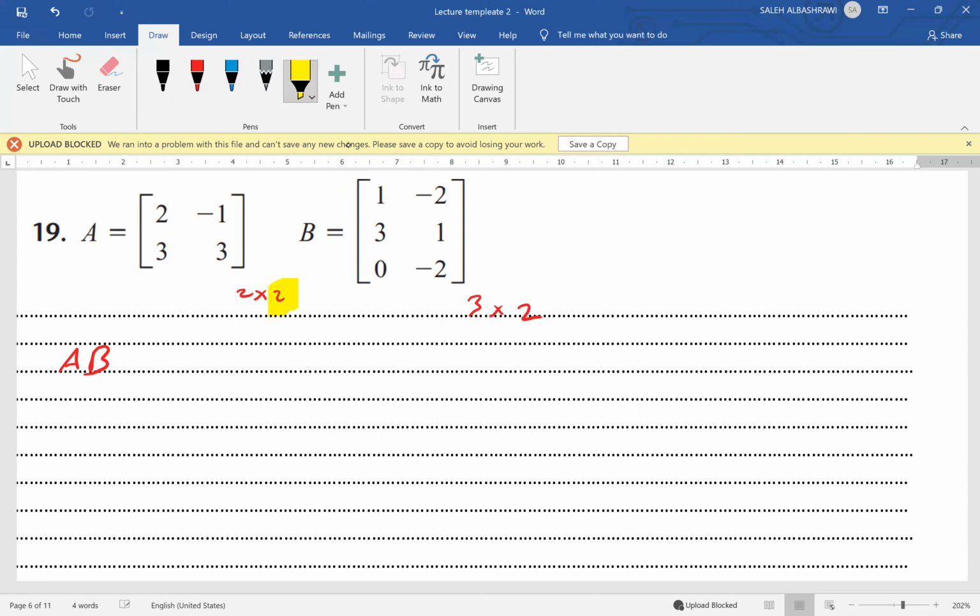So the number of columns of the matrix A is not equal to the number of rows of B. So A times B, we can say, is not possible, because the number of columns of A is not equal to the number of rows in the matrix B.